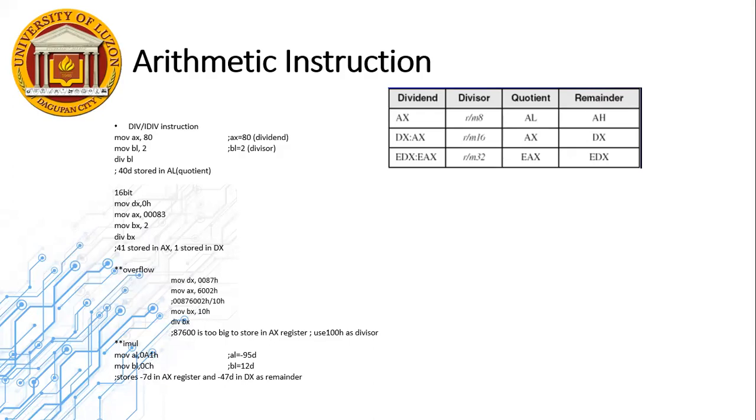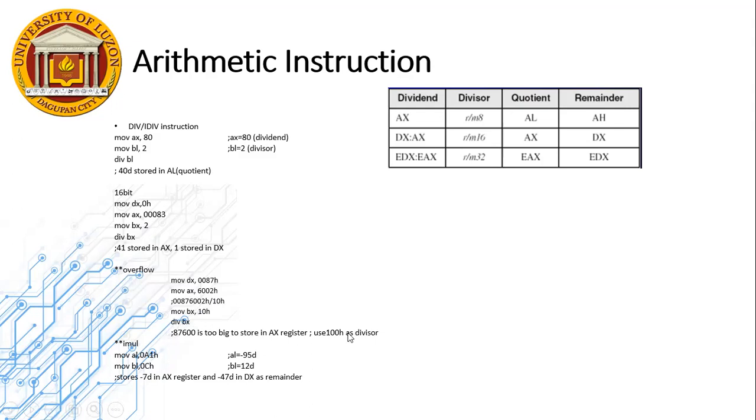If you combine those two, the value will be 0087 0002 hexadecimal divided by 10, because 10 is our divisor. So the quotient of this arithmetic instruction is 87600. This value is too big to be stored in the AX register.